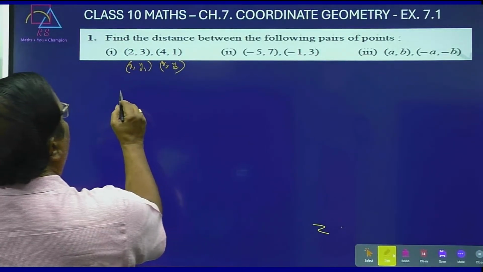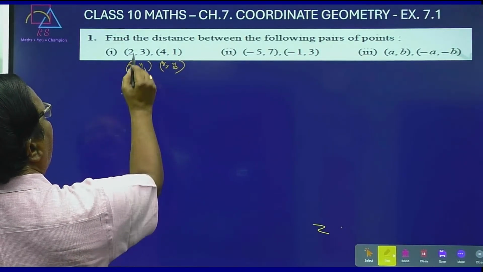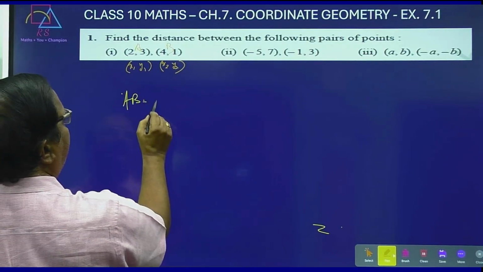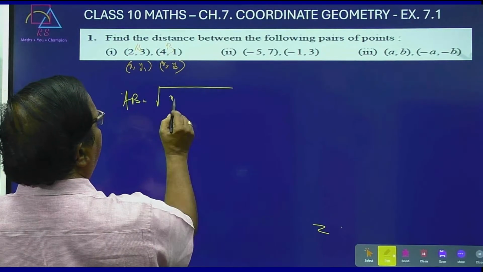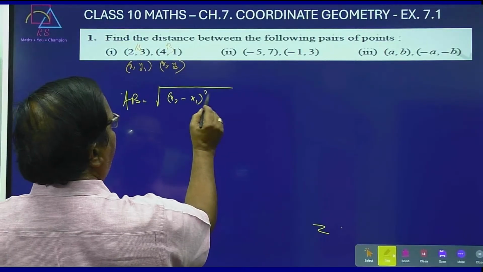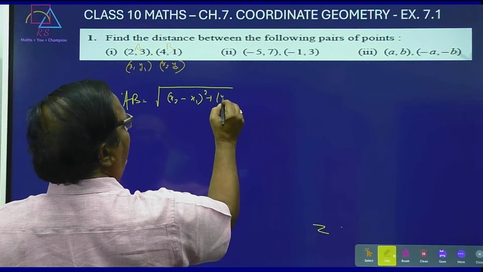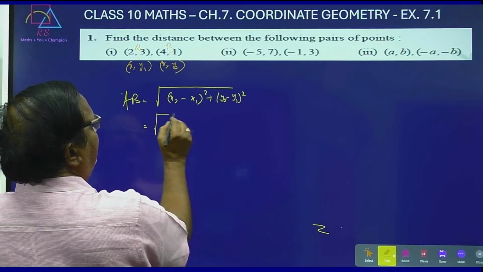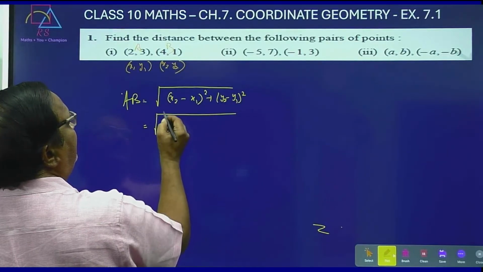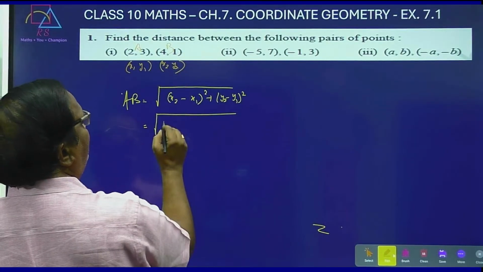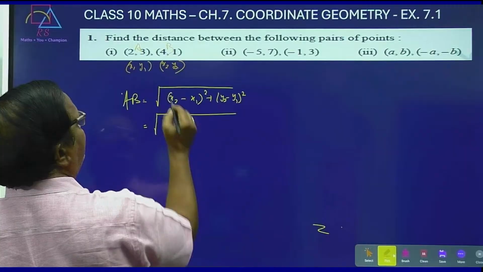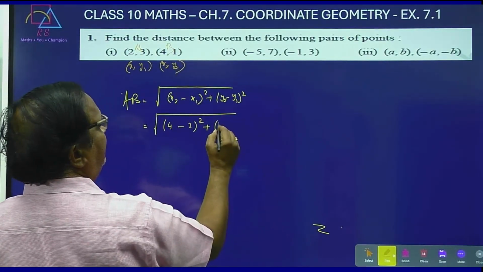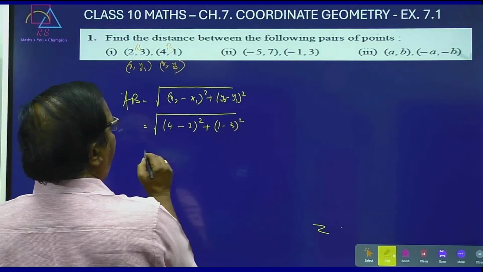So now, let us say this is A and this is B. AB is equal to square root of (x2 minus x1) whole square plus (y2 minus y1) whole square. Okay. x2 is 4 minus x1 is 2, so (2) whole square, plus y2 is 1 minus 3, whole square.